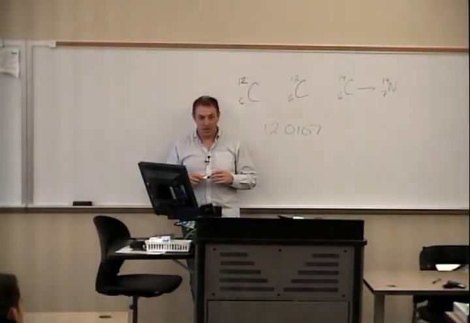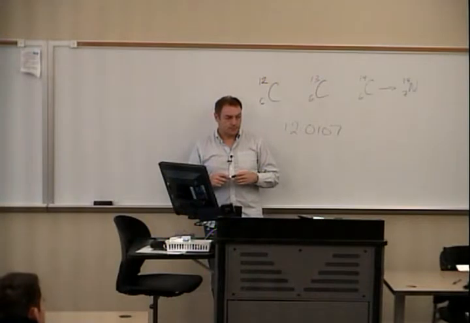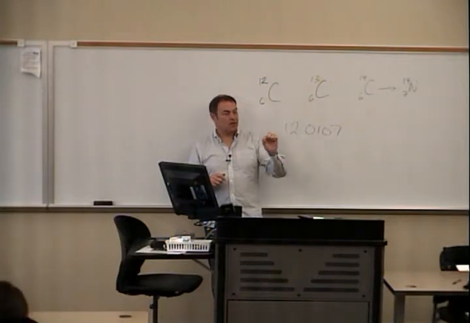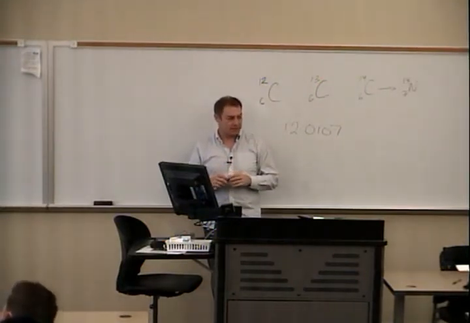Very, very slow rate of radioactive decay. So half-life is a measurement of decay in radioactive elements. It's the amount of time it takes for half the number of the radioactive atoms to decay into something else.